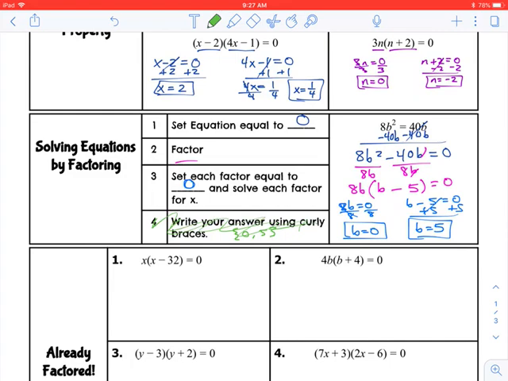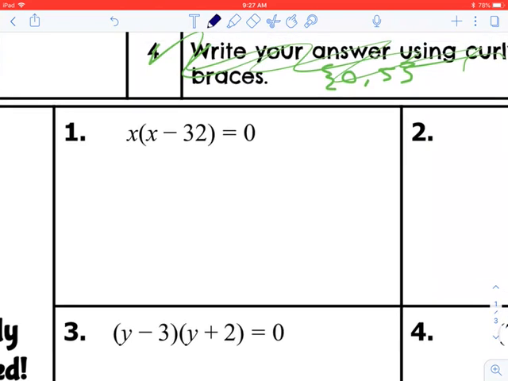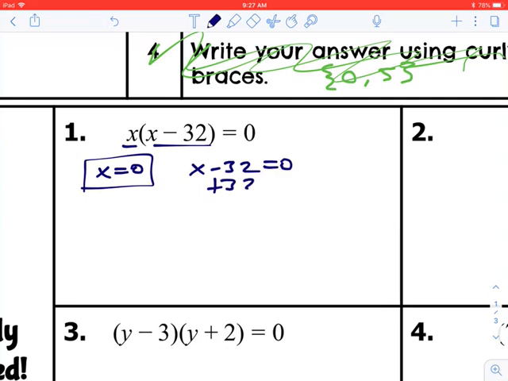So let's go through some of these. Let's just look through the left side here. Number 1, these are already equal to 0, already factored, so x equals 0. x minus 32 equals 0. So that's x equals 0. And this one, add 32. x equals 32.